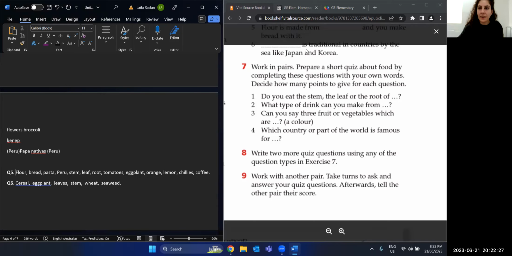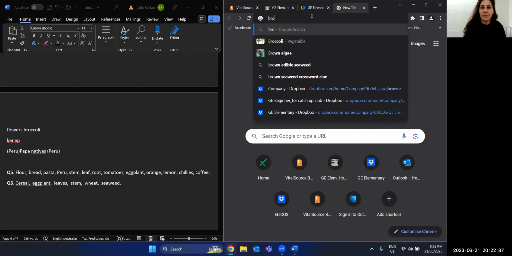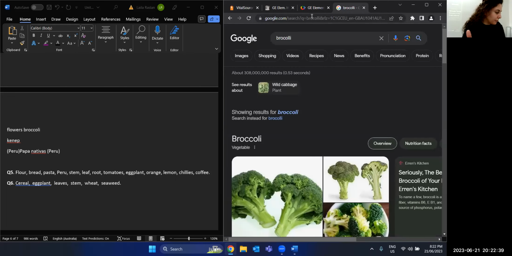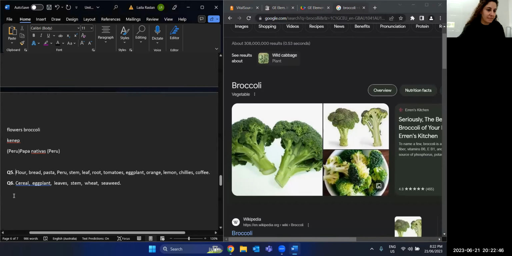Maybe broccoli. Sorry, do we eat the stem, the leaf, or the root of broccoli? What do you reckon? Yeah, leaf and stem. So leaf and stem. We can eat both.